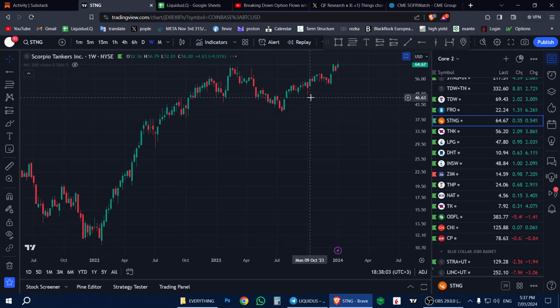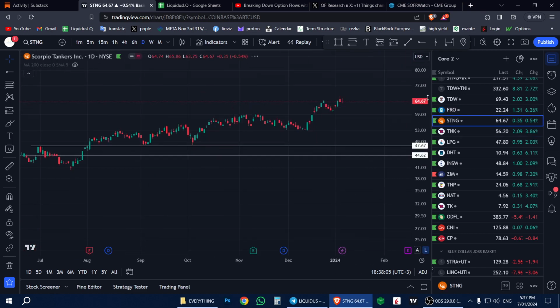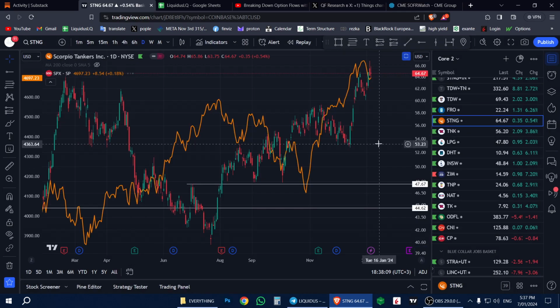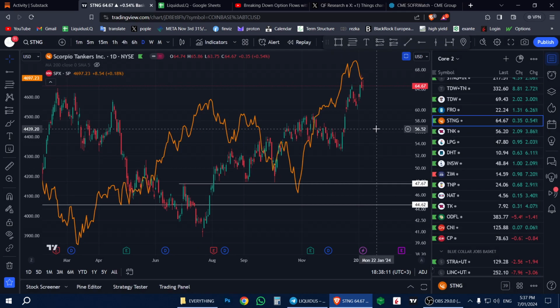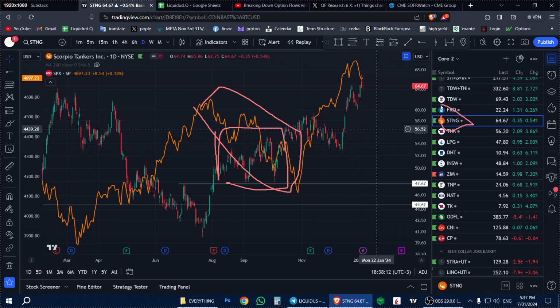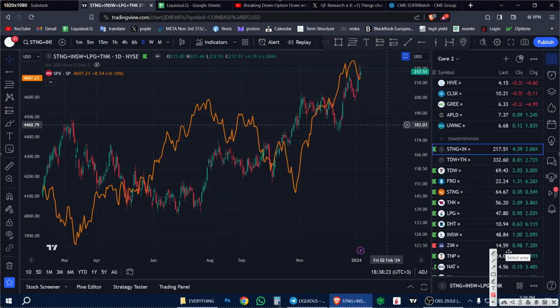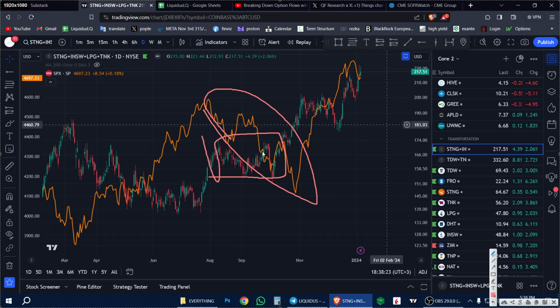Let's look at the STNG, let's say, on a daily basis. Look at this fall in SPX, and look at this relative strength in STNG. No, let's look at the basket overall. Look at this. Incredible relative strength, while SPX is firmly in negative trend territory. Then a rebound.